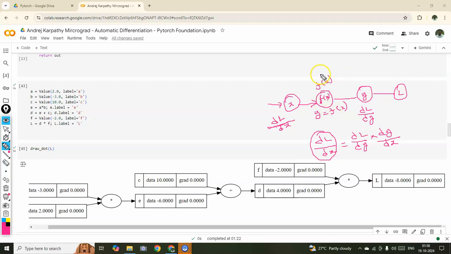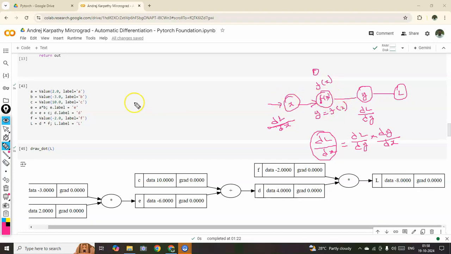If any function goes to zero, then it will keep going 0, 0, 0, so there will be no gradient, and there won't be any learning either.